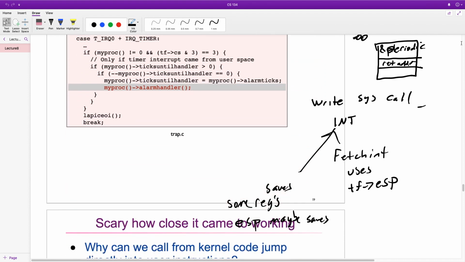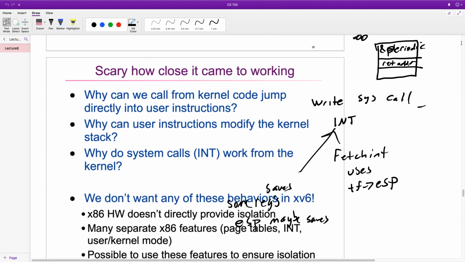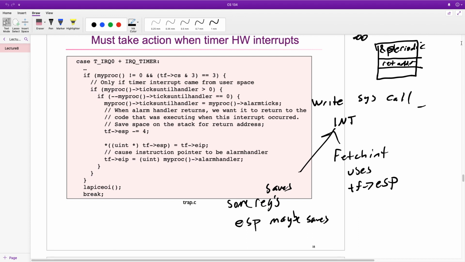Okay, just one more thing. We have a problem here. We have a large security hole. The security hole is, who says ESP is pointing into user space? Can I, in a user program, set my stack pointer to point to kernel space?